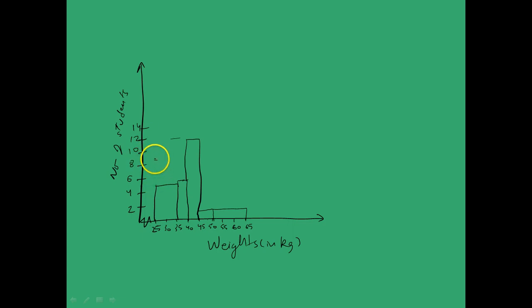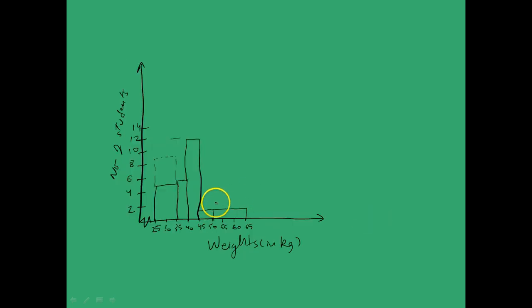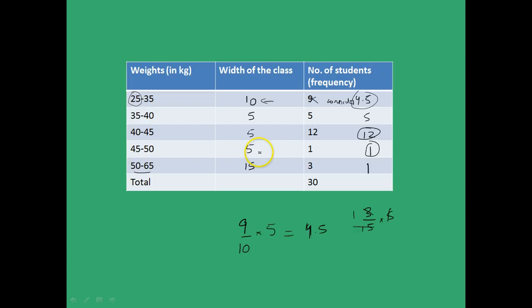I'll just show by dotted lines what this would look like if it were not normalized for changes in width. So the dotted rectangles represent what this histogram would have looked like if we had not corrected for the change in width of class.